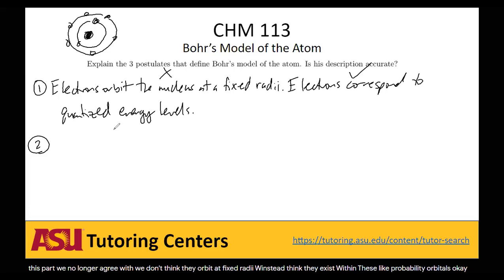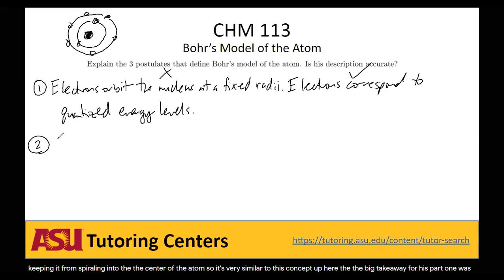Second postulate: electrons have specific fixed energy levels depending on the orbit they are in. The electron will not radiate energy, keeping it from spiraling into the center of the atom. It's very similar to the concept up here. The big takeaway for part 1 was that they orbit at fixed radii.